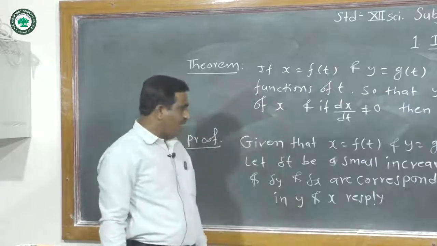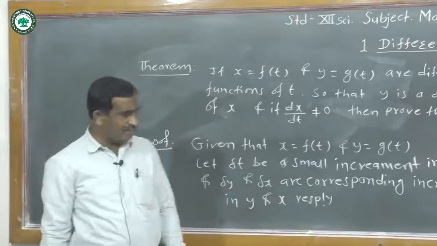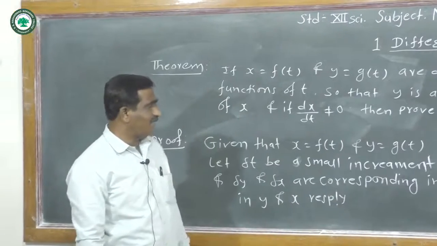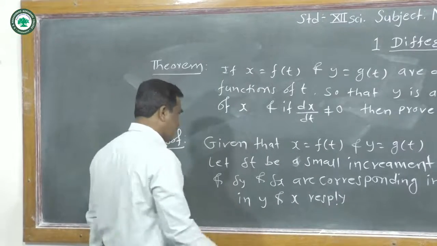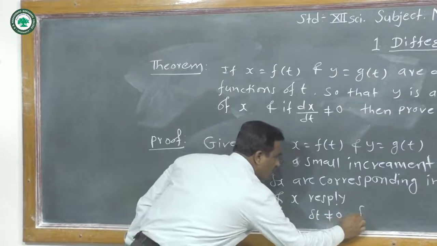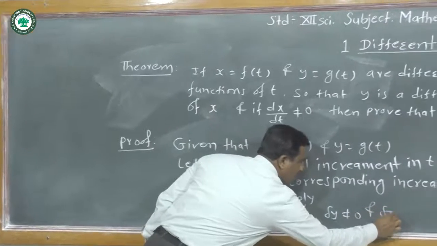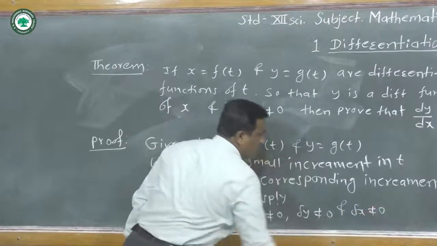Now as delta y, delta x and delta t are small increments in y, x and t, they are non-zero. That is, delta t is not equal to 0, delta y is not equal to 0 and delta x is also not equal to 0.